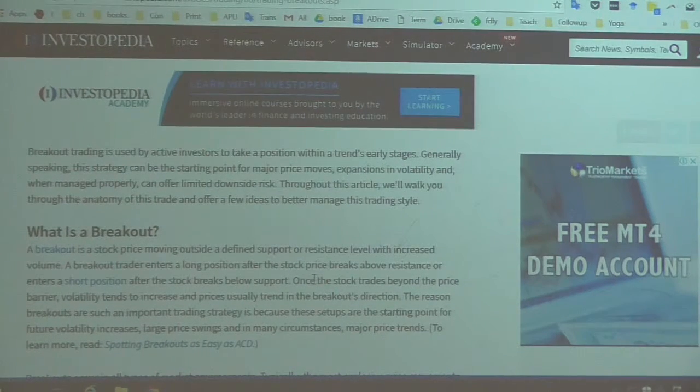Okay? Once the stock trades beyond the price barrier, volatility tends to increase, and prices usually trend in the breakout's direction. The reason breakouts are such an important trading strategy is because these setups are the starting point for future volatility. Everybody know what volatility means?